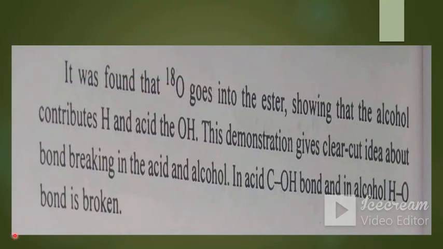Next, it was found that O18 goes into the ester, showing that the alcohol contributes H and the acid the OH. This demonstration gives a clear-cut idea about bond breaking in the acid and alcohol. In acid, the C-OH bond, and in alcohol, the H-O bond is broken.